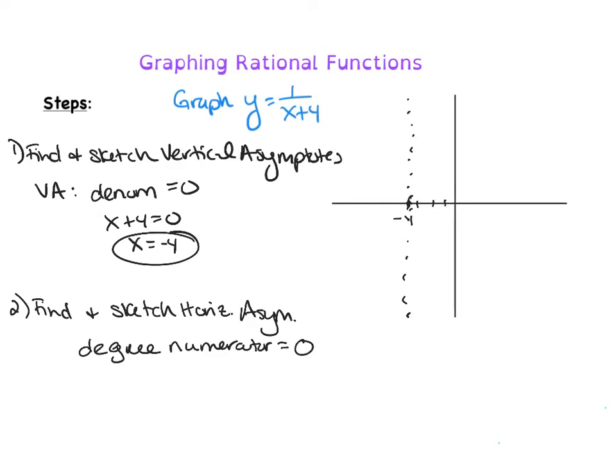X to the 0 is 1. And that is smaller than the degree of the denominator, which happens to be 1 in this case. X to the 1 is in our denominator. So since the degree of the numerator is smaller than the degree of the denominator, our horizontal asymptote is at y equals 0.